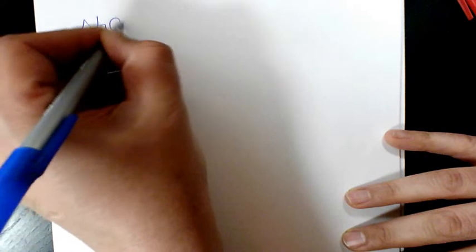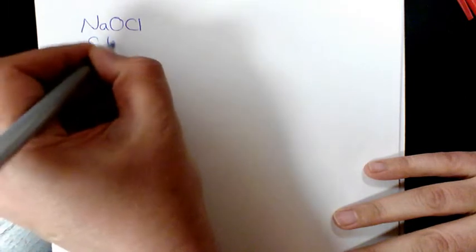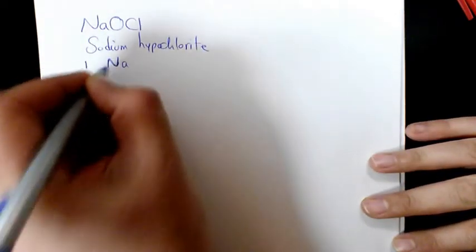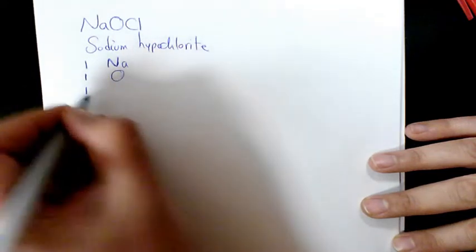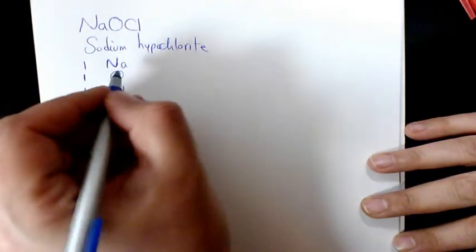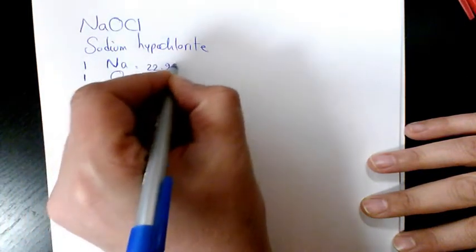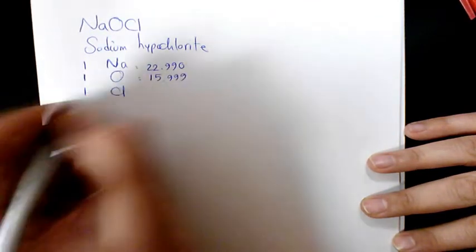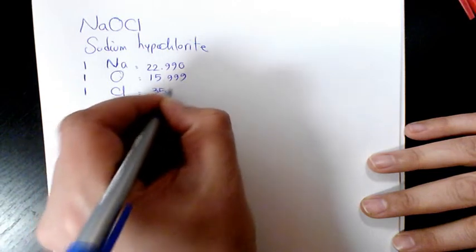Next compound is sodium hypochlorite, NaOCl. We have 1 sodium and 1 oxygen and 1 chlorine. Sodium is 22.990, oxygen is 15.999, chlorine is 35.45.